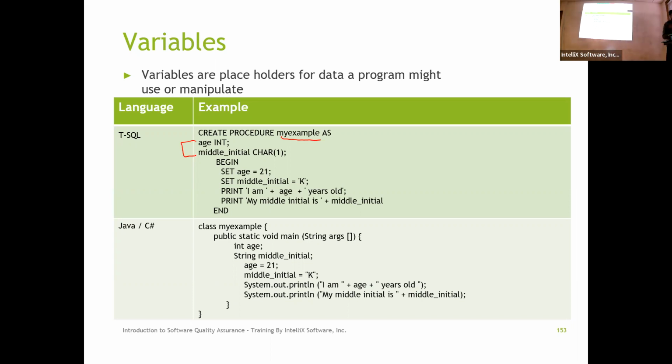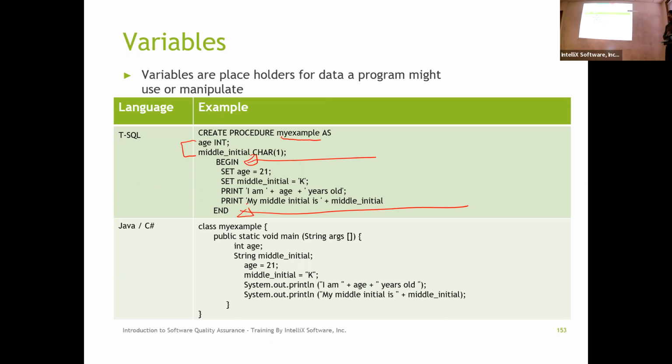Then I have a start of the block, and here is the end of the block. In this case, my execution code is four instructions. The first one is setting the value of age, which I've defined as a temporary variable, as 21.